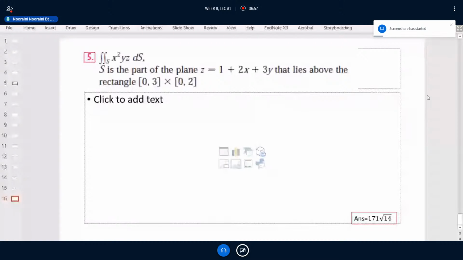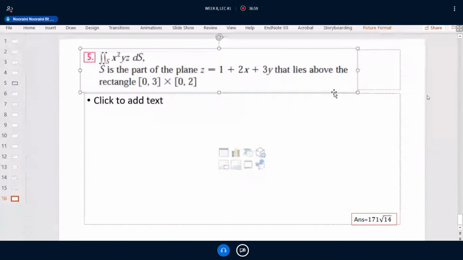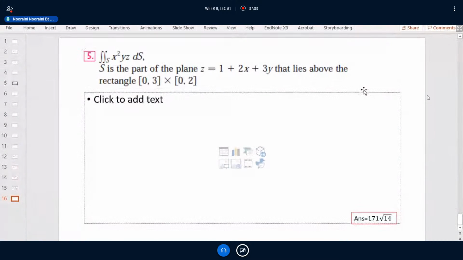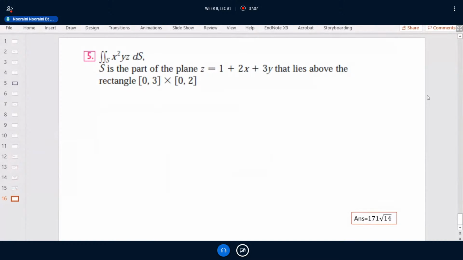Okay, this last example is another example that you can try on surface integrals. I don't want to go deep on this surface because we still have to cover the other integrals. In this example, S is a part of the plane z equals 1 plus 2x plus 3y. Same here, the z of the plane is already given, so there is no need for you to parameterize it.